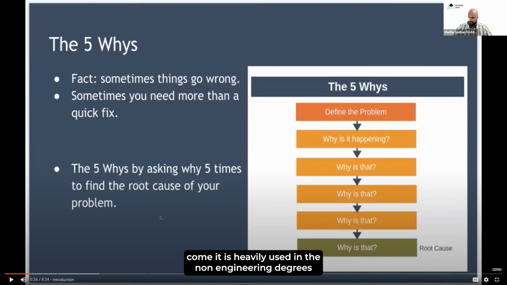It is heavily used in the engineering fields, primarily mechanical engineering, aerospace engineering, most of the other engineering fields as well, and definitely in software engineering too, to identify root causes whenever there is any.